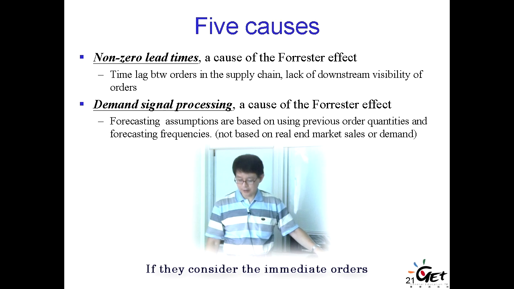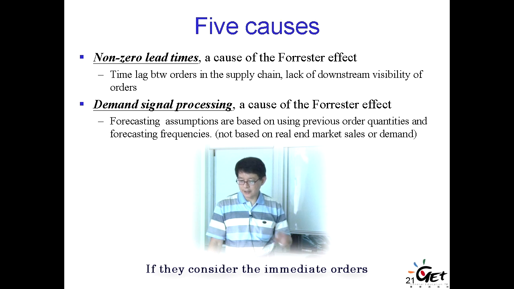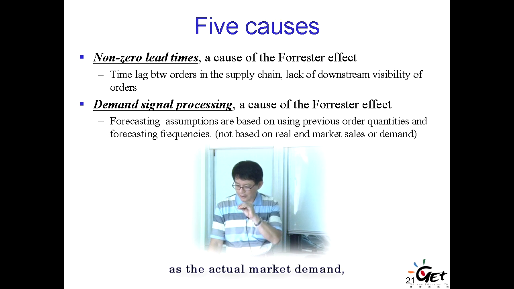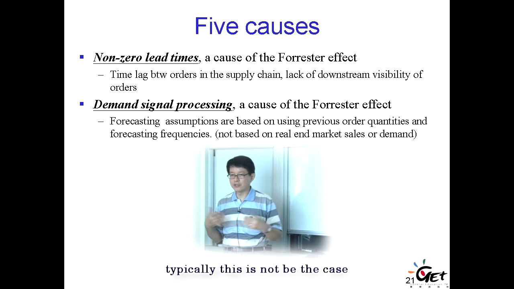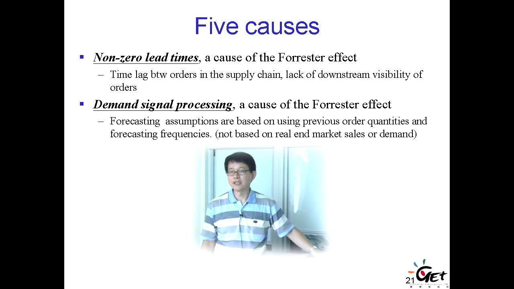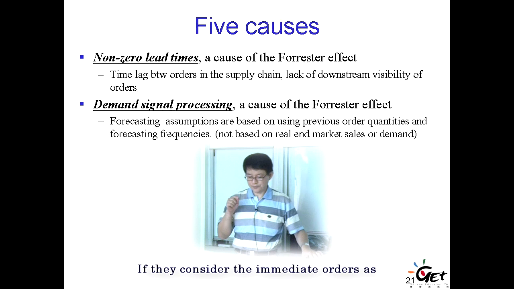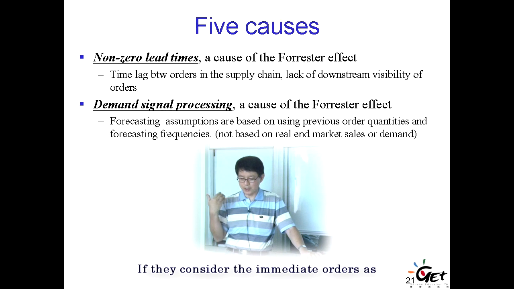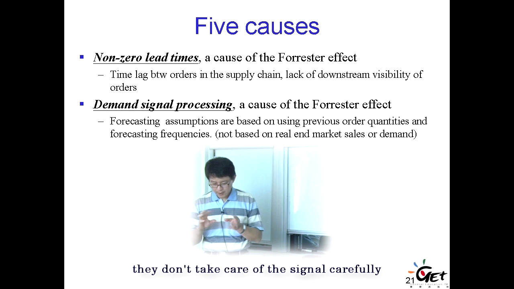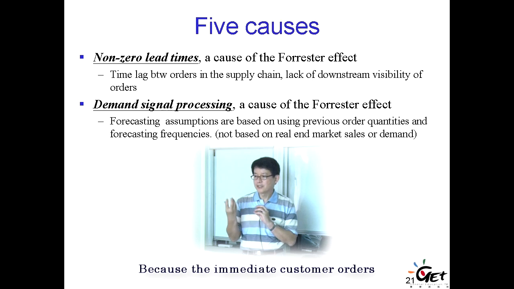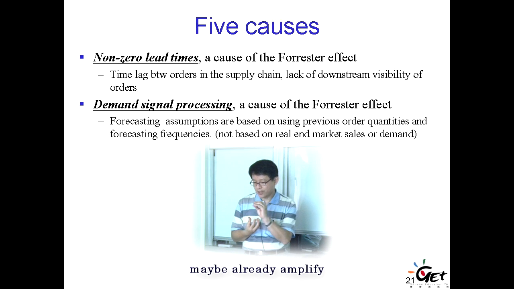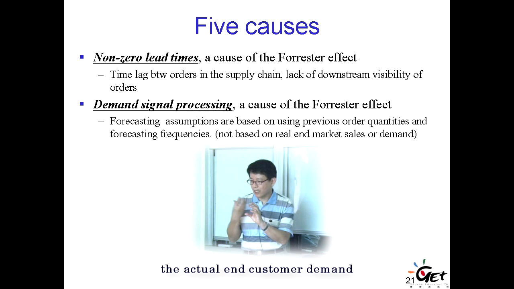If they consider the immediate orders as the actual market demand, then of course, typically this is not the case, right? If they consider the immediate orders to be the demand, they don't take care of the signal carefully, because the immediate customers' orders may already amplify the actual end customers' demand.